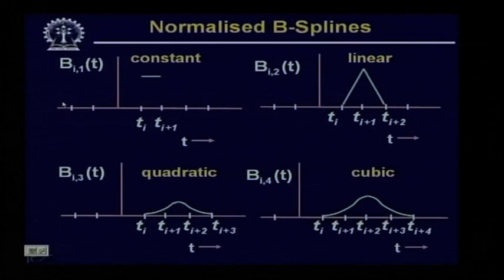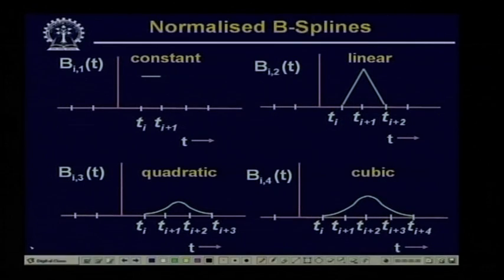So, this first figure tells you the nature of B_{i,1}. The second figure shows the nature of the B-spline function B_{i,2}(t), and it shows that it is a linear function. B_{i,2}(t) will have a support from i to i+2.